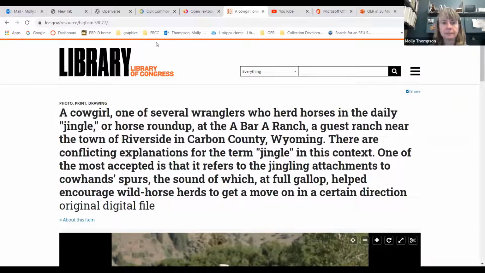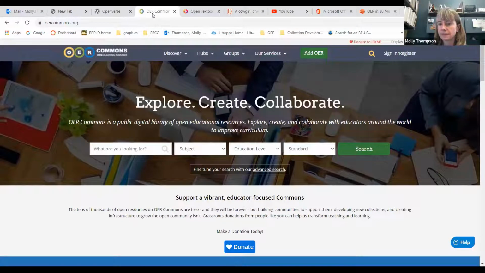And then I'm going to move on to OER Commons. And hopefully everybody's seen that. So here for OER Commons, this is a site where you can find textbooks, of course, but you can also find a lot of other materials for your classes.